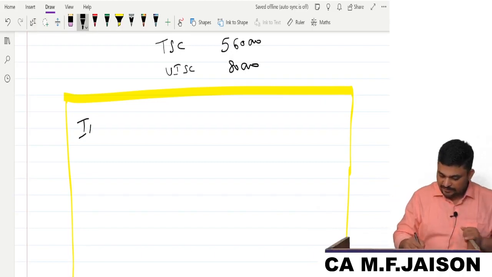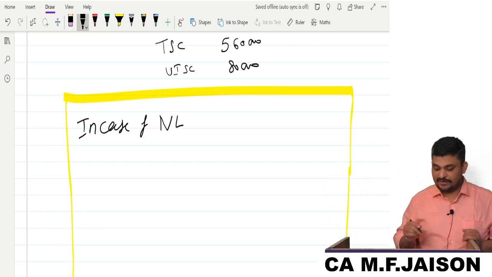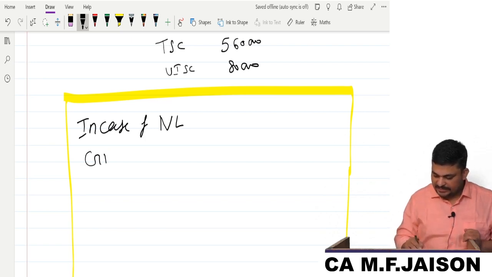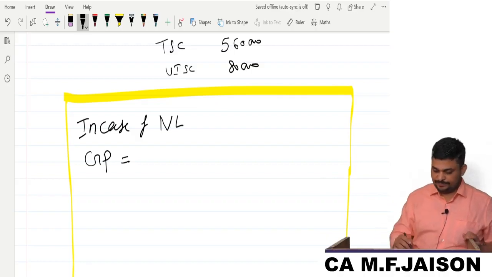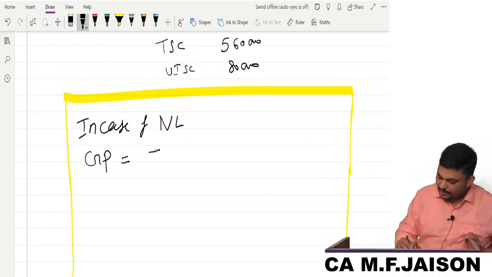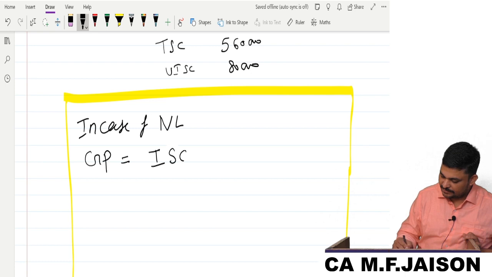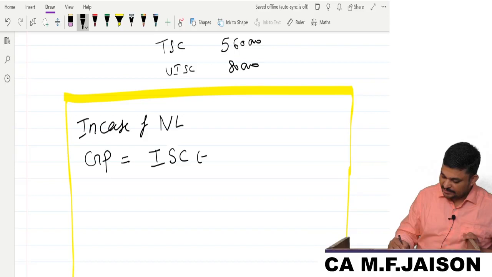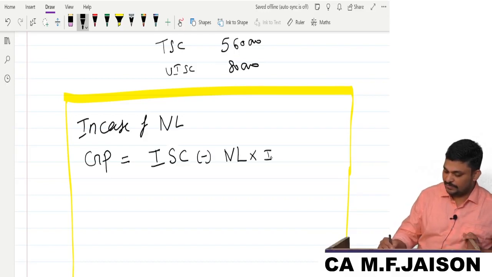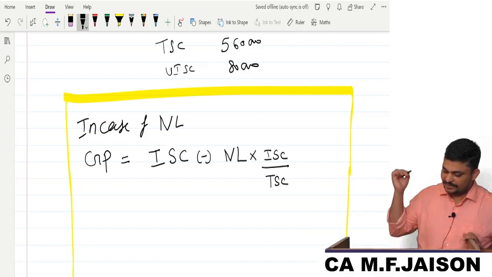In case of net loss, GP for this policy is equal to insured standing charges minus net loss into insured standing charges divided by total standing charges.